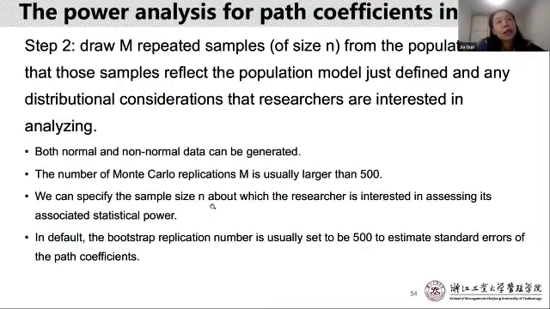You can specify the number you are interested in to get its associated power. The last note is that by default, we usually set the bootstrap replication number to be 500 to estimate the standard errors of the path coefficient.